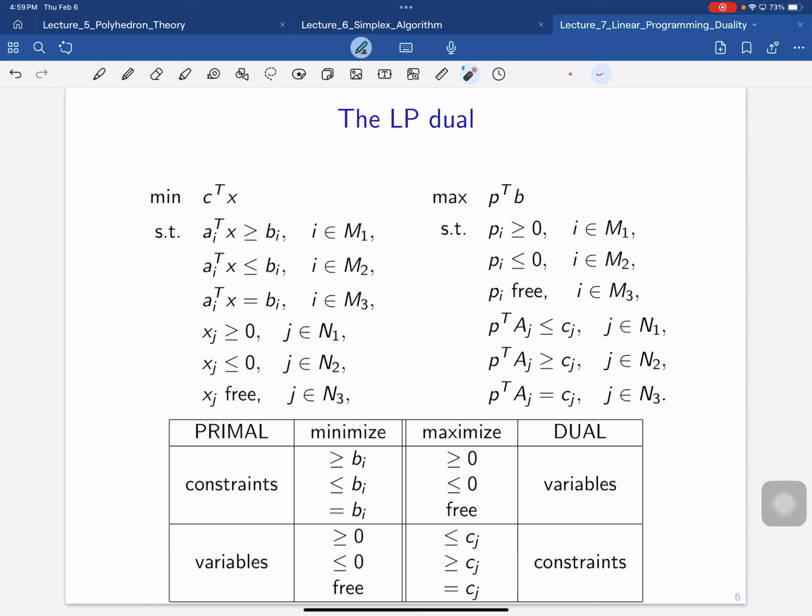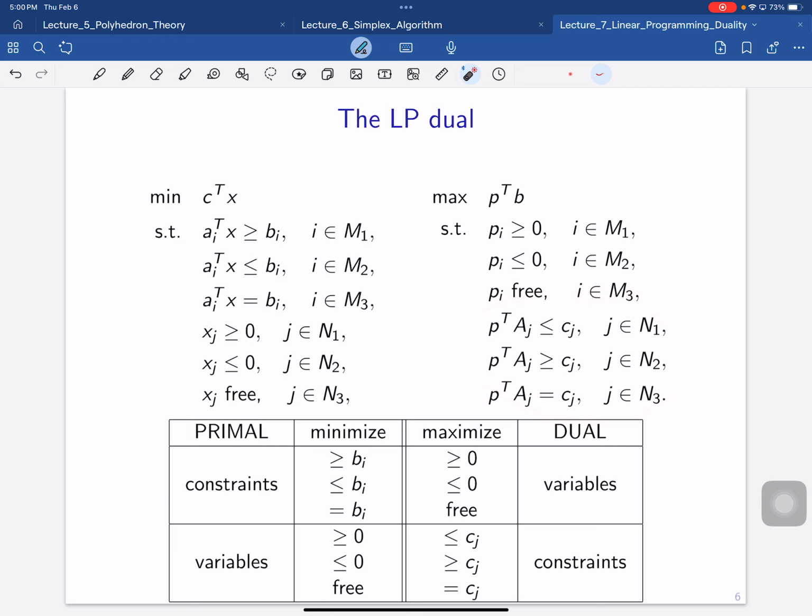Then recall that the signs of the p, the dual variables, should be consistent with the constraints, in order for the Lagrangian to be a lower bound. So if you have greater than or equal to constraints, the corresponding dual variables are also greater than or equal to, and likewise for the others.